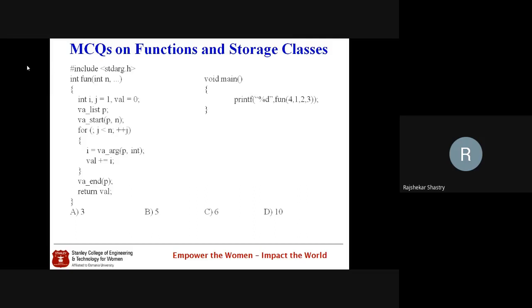So upon returning val, the function will print the sum of all the remaining arguments, that is 1, 2, 3, which is 6. Okay, Amma? Anybody having doubt? Same program we implemented. So the answer is C, 6, not 10.